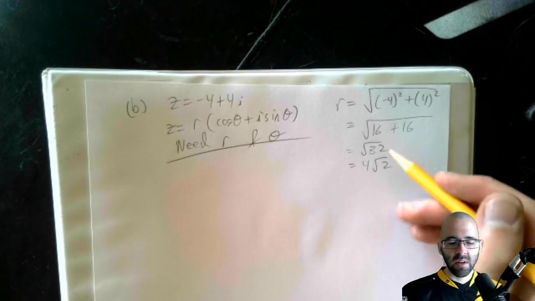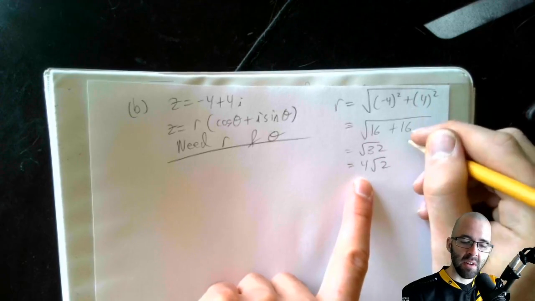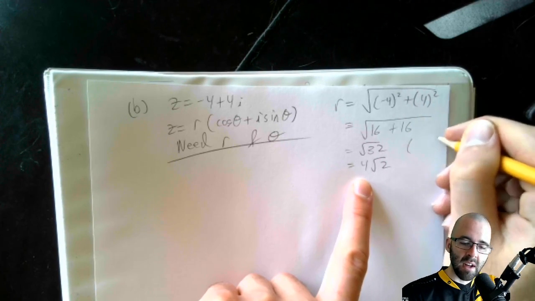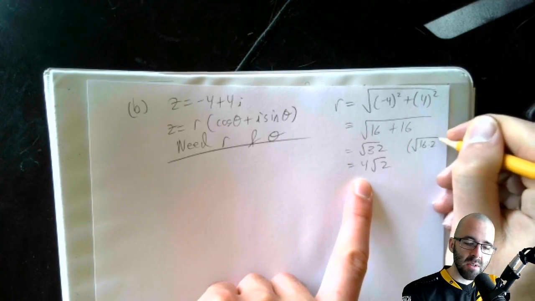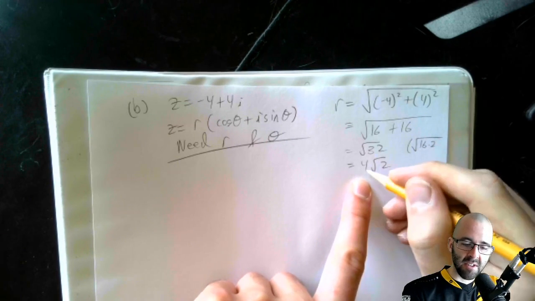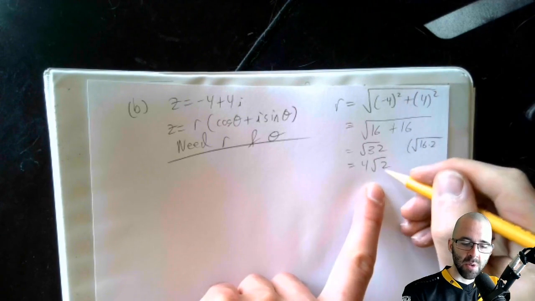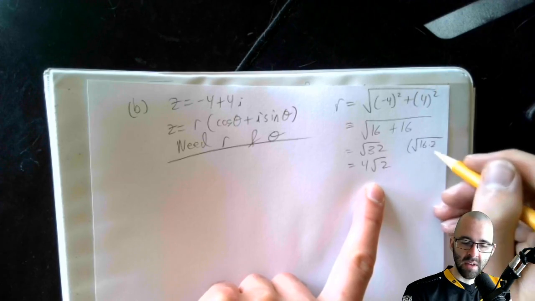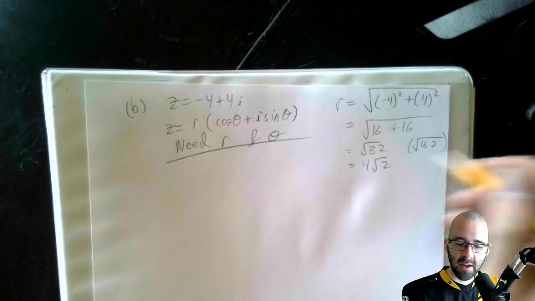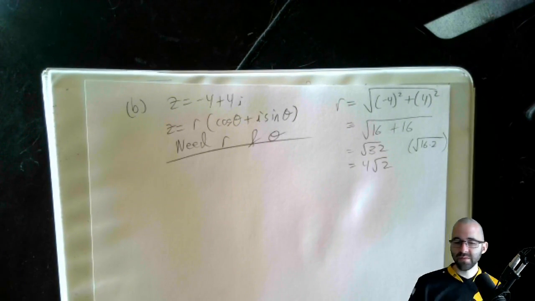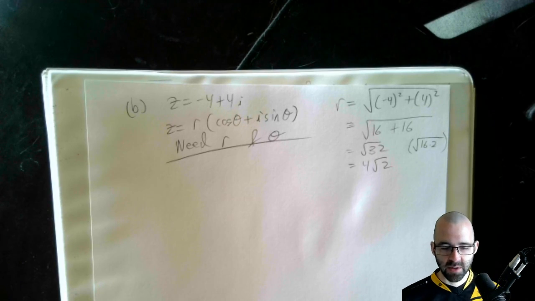If you don't remember how this happens, remember you can write the square root of 32 as the square root of 16 times 2. The square root of 16 is 4, and the square root of 2 is the square root of 2. That's what's happening in this step. Always remember to simplify your square roots.